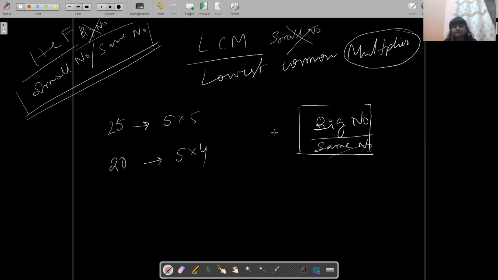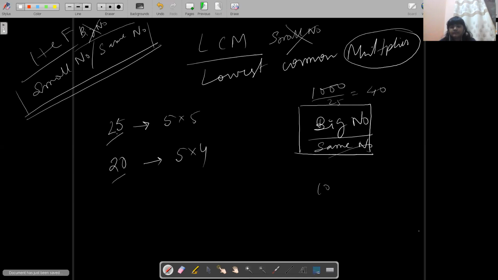So 25 is 5 into 5, 20 is 5 into 4. So I have to find one big number or the same number, such that if I divide it by 25 or 20, I'll get some number. Suppose, let's take 1000. Can I divide it by 25? Yes, I know it is 40.